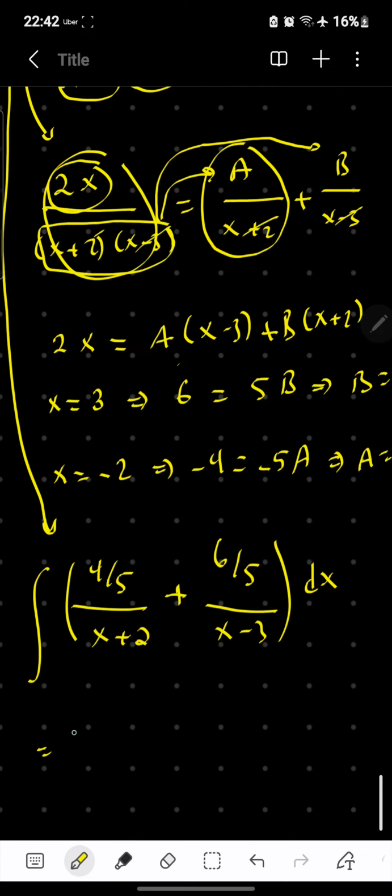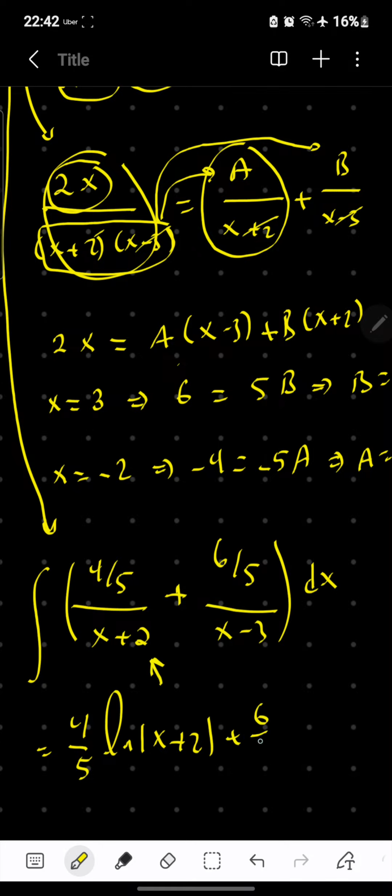Now it's 4 over 5 ln |x plus 2| when you solve this one, and 6 over 5 ln |x minus 3|.